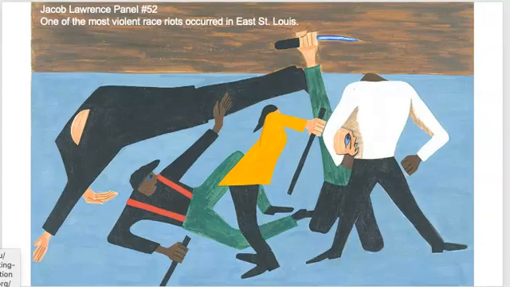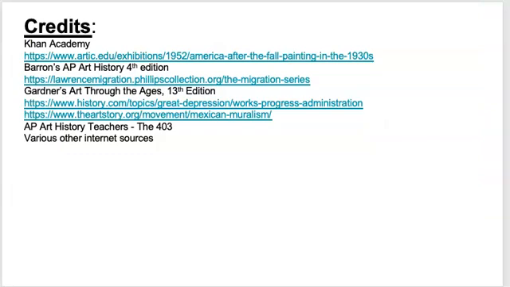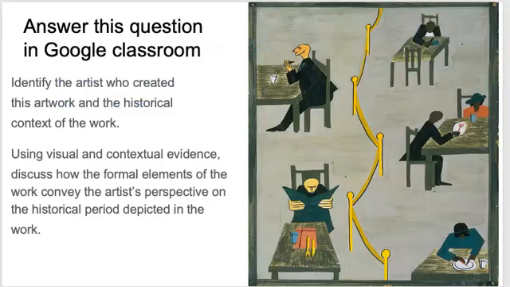Okay, so before I give you your question, I just want to say, I used a lot of different sources to make this presentation. Thank you to everybody who lent me your material. And this is your question that I'd like you to answer on our Google Classroom page. There is an assignment there.